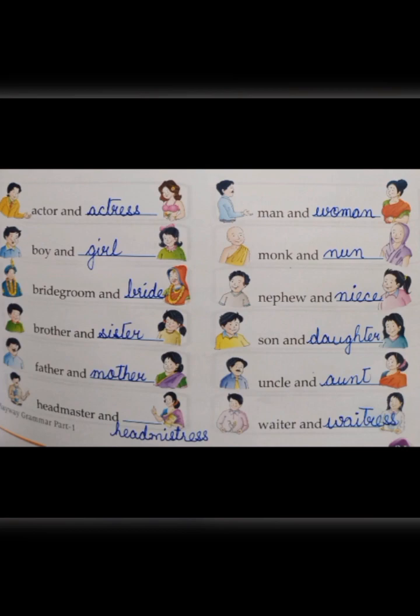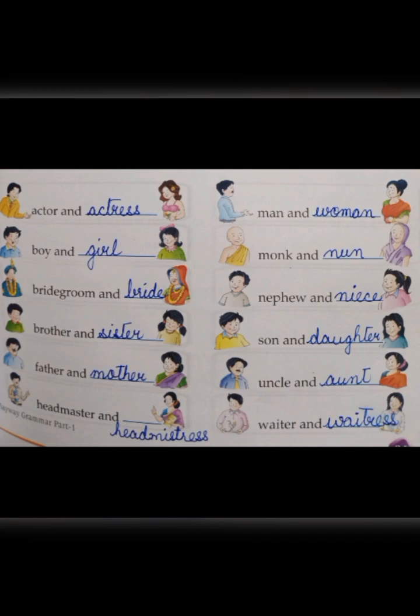Bridegroom, bride. Brother, sister. Father, mother. Headmaster, headmistress. Man, woman.